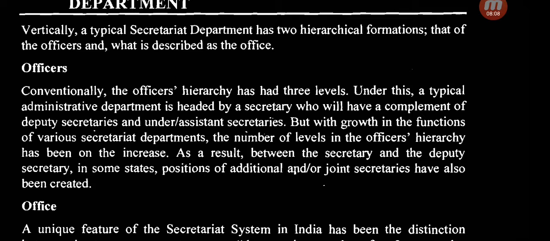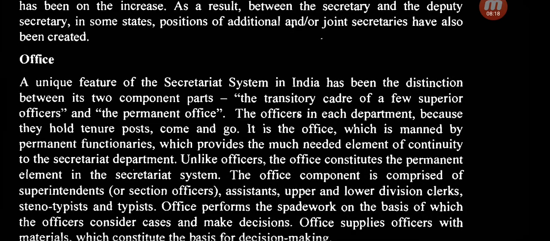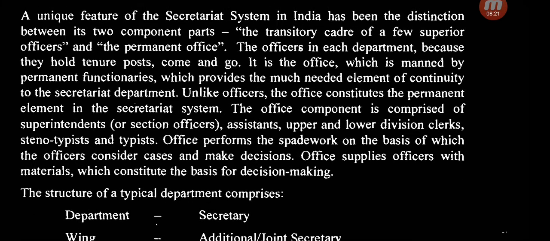As a result, between the secretary and the deputy secretary, in some states, positions of additional or joint secretaries have also been created. Office. A unique feature of the secretariat system in India has been the distinction between its two component parts: the transitionary cadre of a few superior officers and the permanent office.